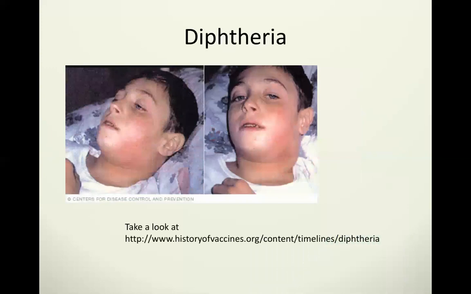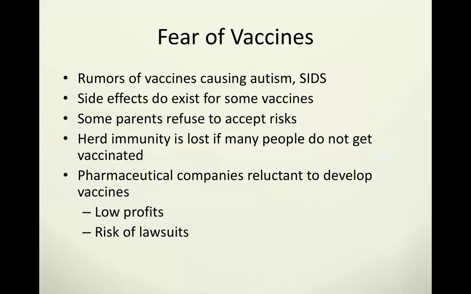Diphtheria. Controllable? Yes, with a vaccine. Contagious? Yes. Okay. So there's fear of vaccines, and there's rumors of vaccines causing autism and SIDS. But one of the things that people need to understand is that correlation does not equal causation.